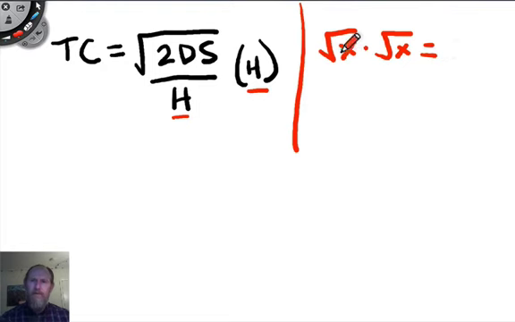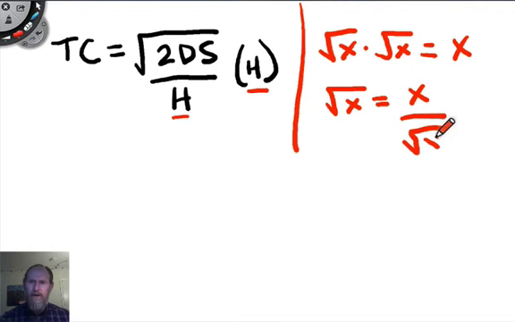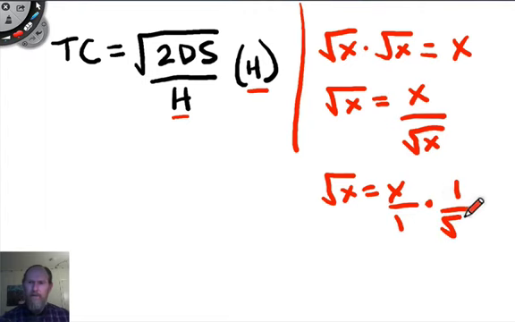If we have this formula, we know that the square root of X times the square root of X is X. Therefore, the square root of X equals X divided by the square root of X. Or, put another way, the square root of X equals X over 1 times 1 over the square root of X. Important to clarify that this extends all the way down.